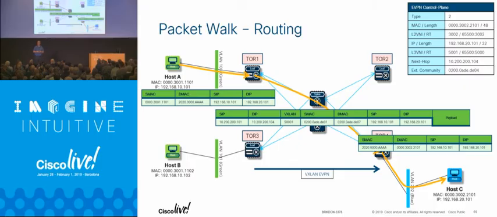Sure. How does TOR1 distinguish if the packet is routed or switched? Because host A is always getting the MAC address of TOR1 based on the anycast routing. How does host A, or actually TOR1, distinguish if it needs to route or bridge? So actually it's not TOR1 distinguishing that, it's host A distinguishing that.